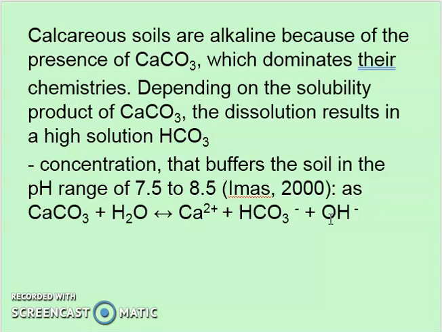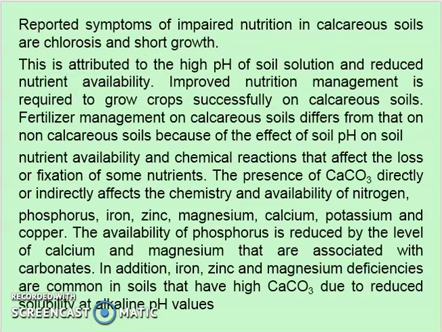Then the second property of this soil is that it has a high pH, and this high pH causes a lot of problems with respect to nutrition and fertilization, as I will explain. So symptoms of nutrient deficiency in calcareous soil, such as chlorosis and short growth, are expected.